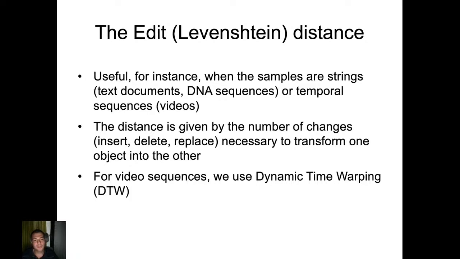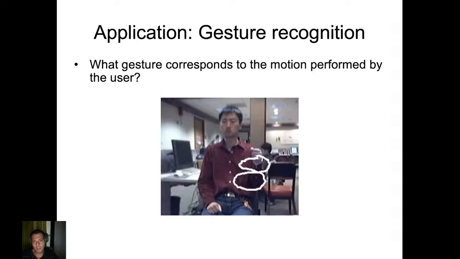In video sequences, if you want to classify, for example, actions or gestures, people might do it with different speeds, and you would need some sort of time warping. So the equivalent for the time domain is to use dynamic time warping, which is similar to the edit distance.